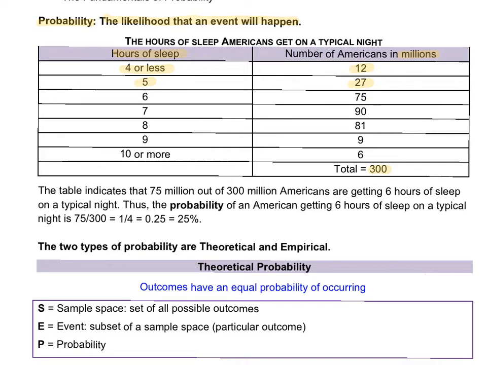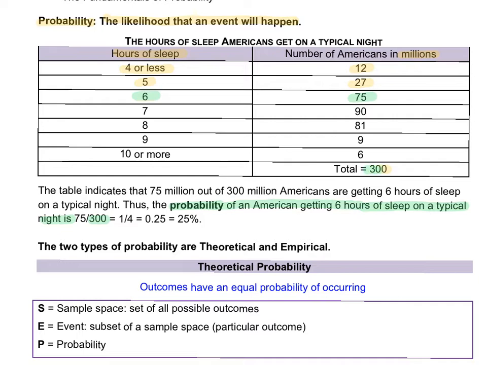So if we look down to 6 hours of sleep per night, 75 million Americans get 6 hours of sleep per night. So the probability of an American getting 6 hours of sleep on a typical night is a fraction, where the denominator or bottom of the fraction represents the total.